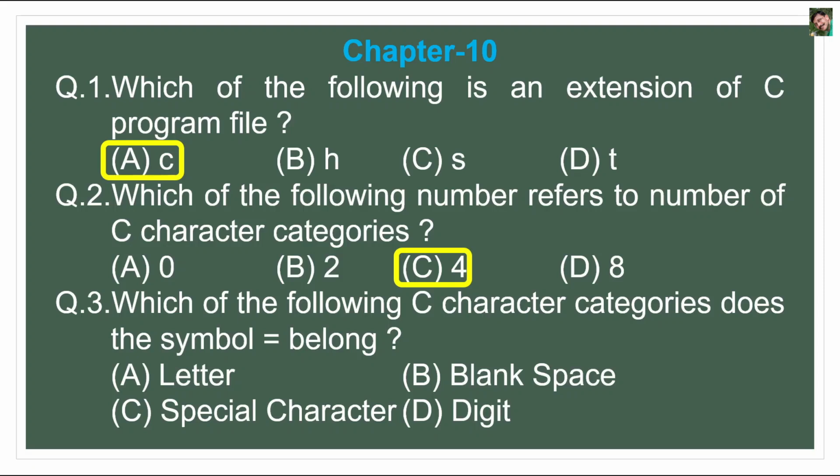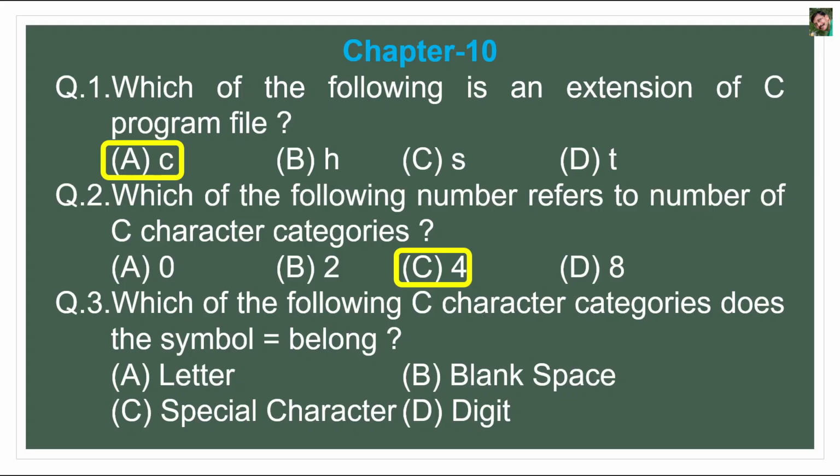Letters, that is alphabets; digits, that is 0 to 9; special characters, that is question mark, exclamation and other special characters; and white spaces, that is blank space, enter key, tab key, like this. So these are the 4 different categories of C characters.